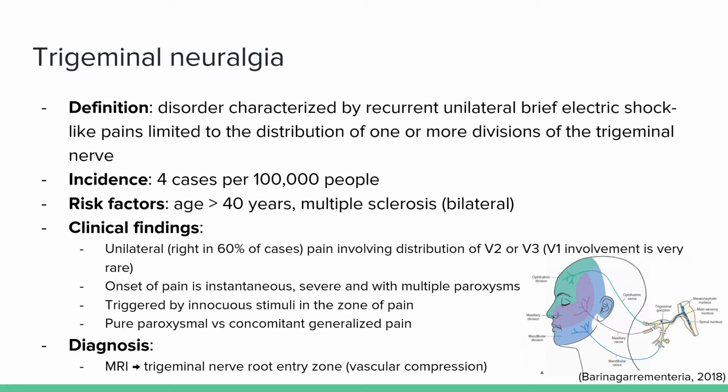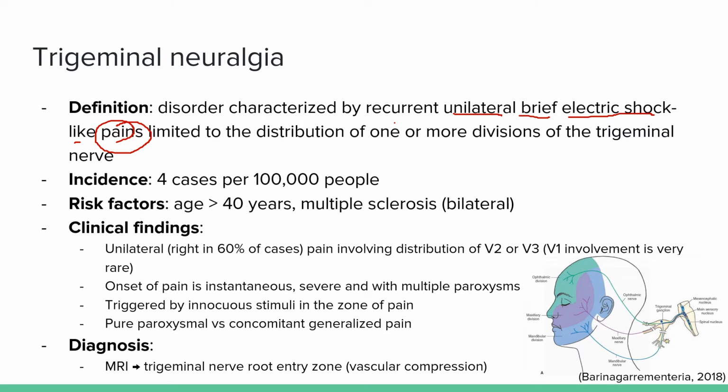Trigeminal neuralgia is a disorder characterized by recurrent, unilateral, brief, electric shock-like pains, limited to the distribution of one or more divisions of the trigeminal nerve.